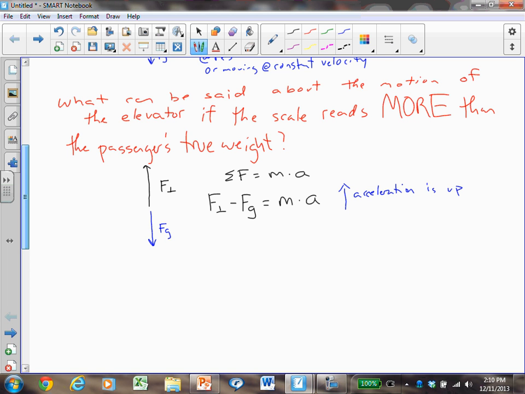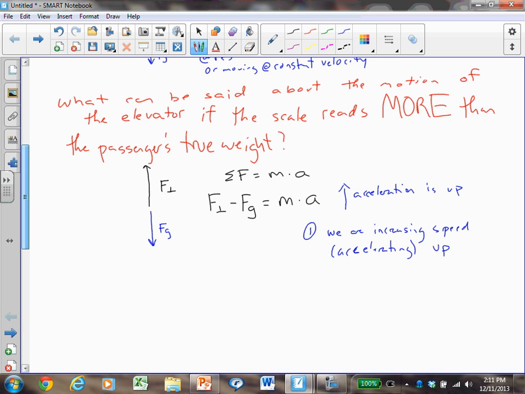That could mean a couple of things. First off, it could mean that we are increasing our speed upward, or accelerating up.